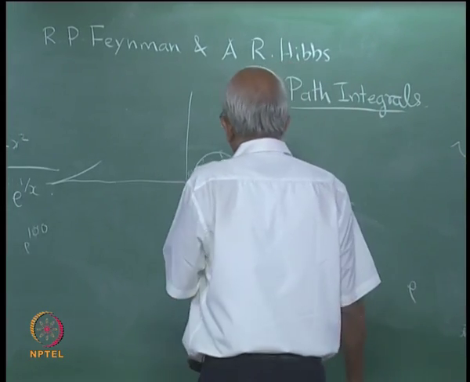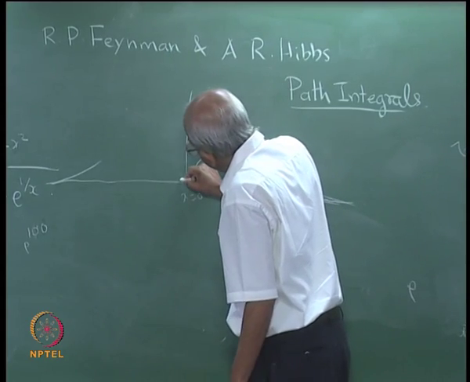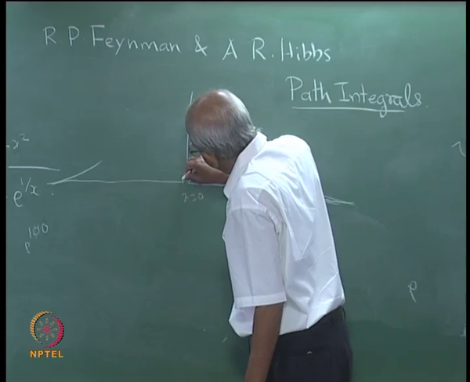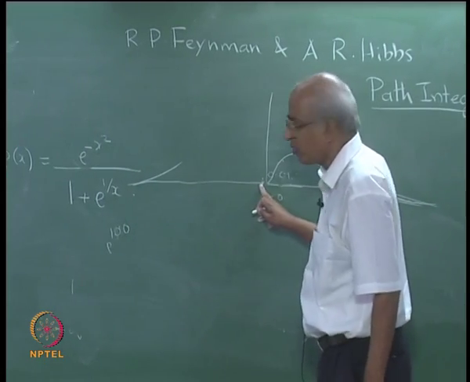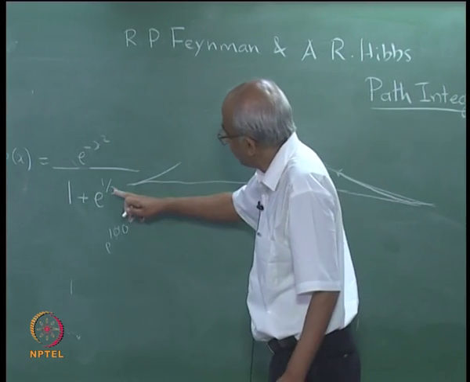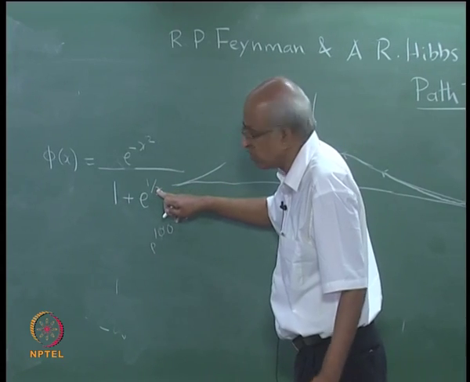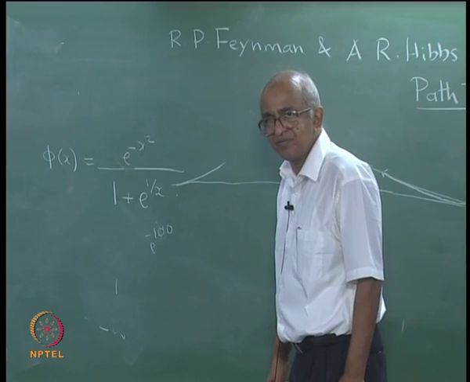Now, suppose you think of x very close to 0, but on the negative side. Here you are going to have, let us say, minus 0.01, a point where the value of x is minus 0.01. What will happen? You will have e to the power of minus 100 there.